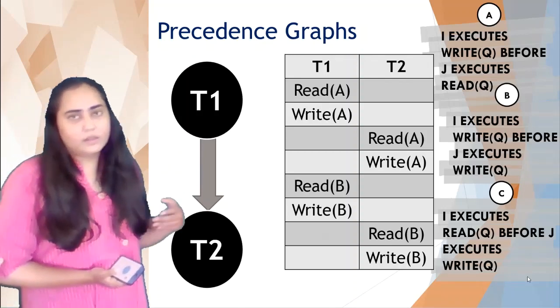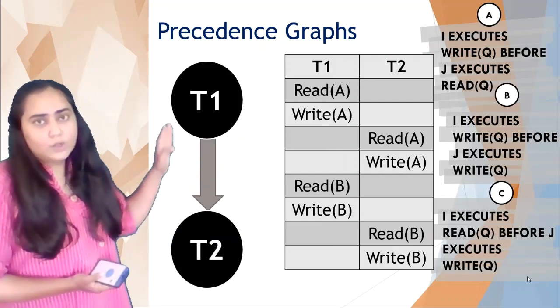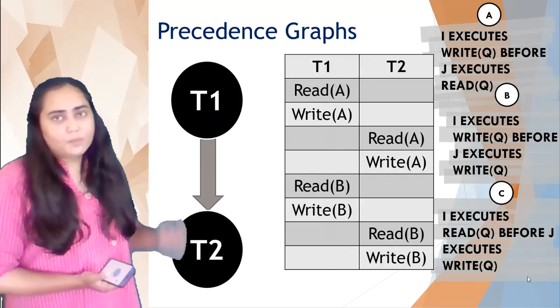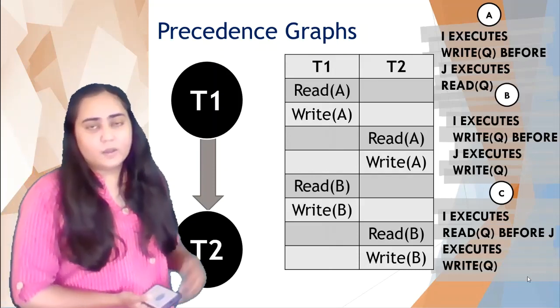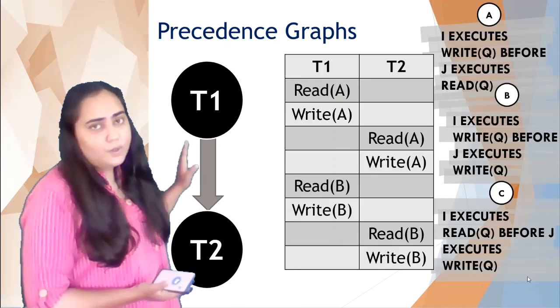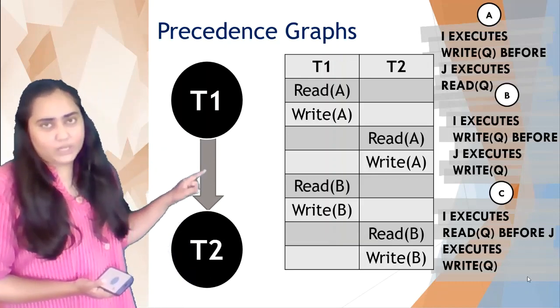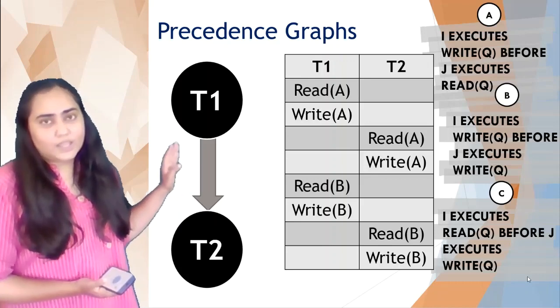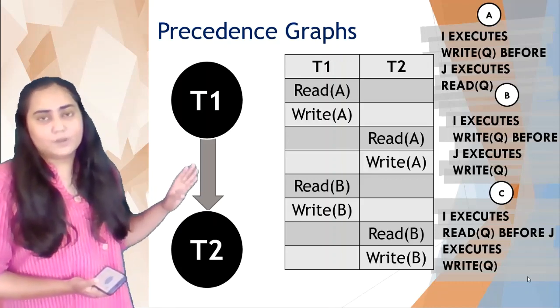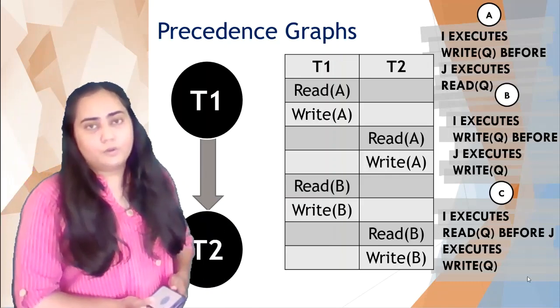I cannot get another edge that goes from T2 to T1 because there are no operations that T2 performs before T1 performs on the same variable. And so when you get a graph of this type that has no cycle within it, then it is known as a conflict serializable schedule, which we saw earlier also by applying those 4 rules.